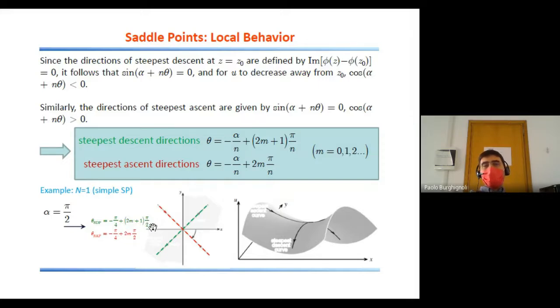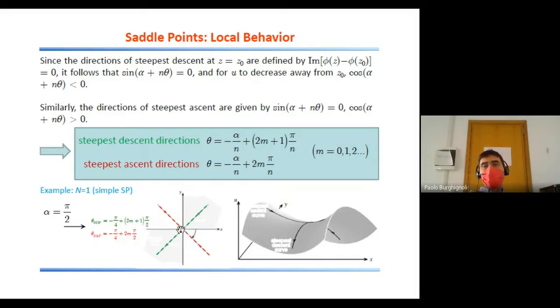plus integer multiples of pi over 2. So those directions are those indicated in green with these dashed green lines that go from the origin, which is assumed to be the saddle point, into the first quadrant along the bisectrix and also into the third quadrant along the bisectrix. Whereas the steepest ascent paths are alternating with the steepest descent directions, and they are given by minus pi over 4 plus an even multiple of pi over 2.